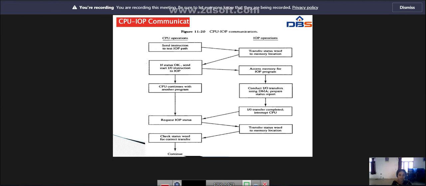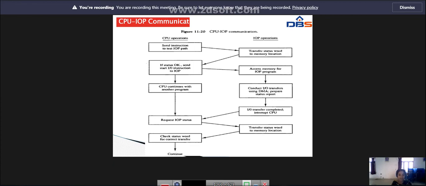The IOP responds to the CPU by inserting the status word in memory. The bits of the status word indicate the conditions of the IOP and input output devices.